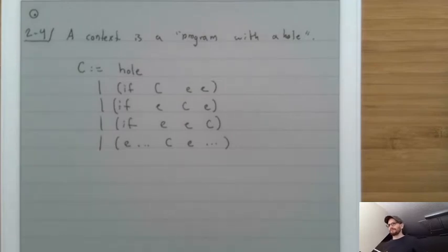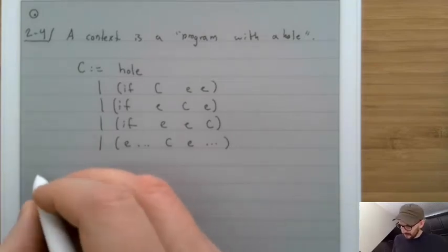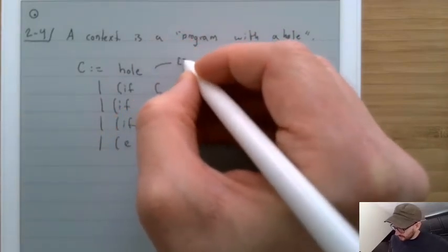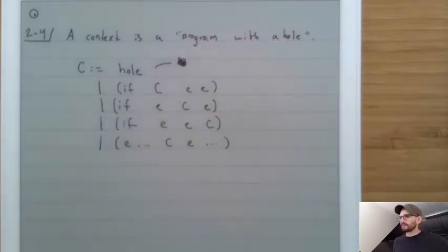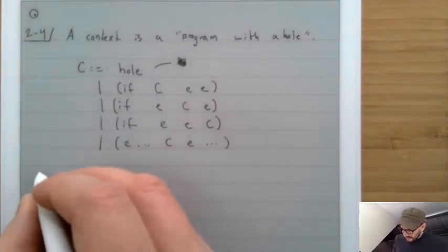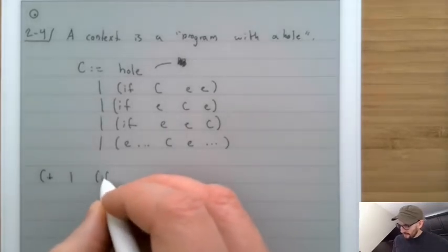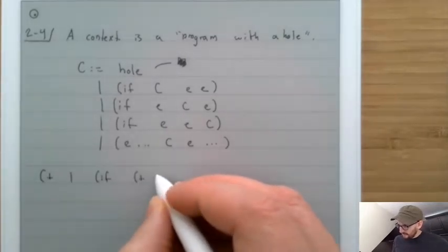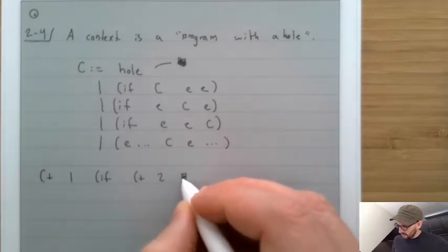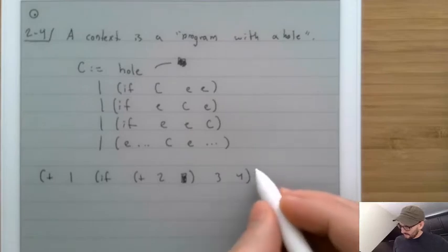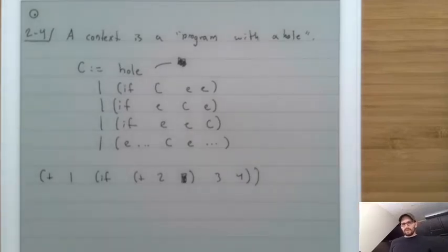So for example, if I were to write down this program, by the way, normally when we write a hole like this, as a box, okay? So if I were to write down this program, plus 1 if plus 2 hole 3 4, what kind of thing is this?